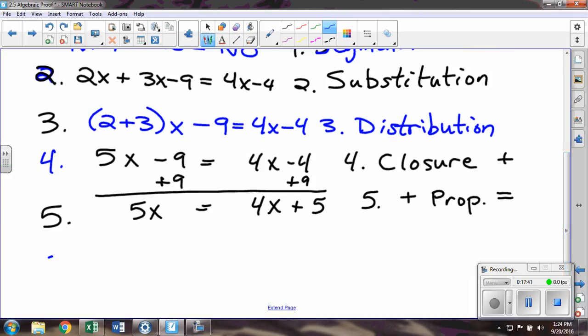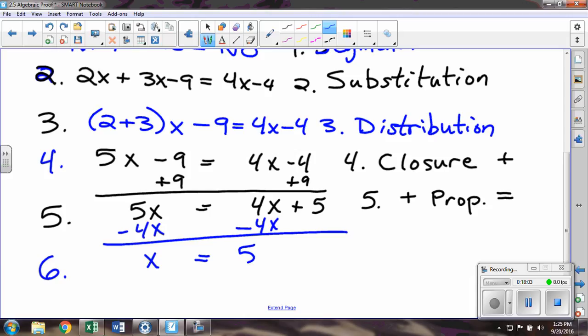What now? What would you do next? From here, we could subtract 4x. Five minus 4 would give us 1x. So it gives us x equals 5. And again, officially we have skipped steps.